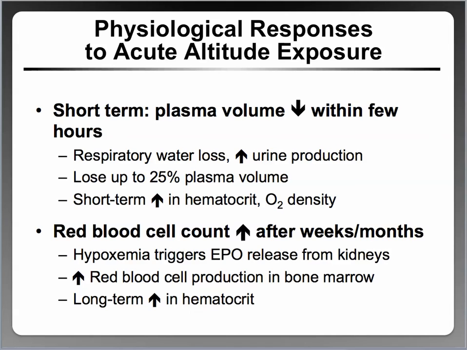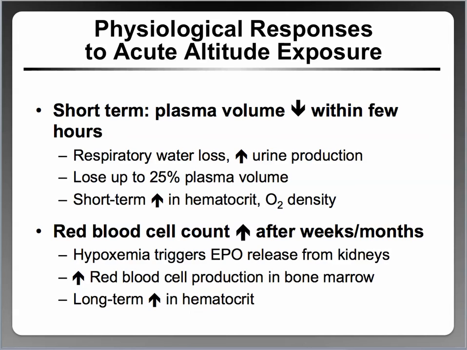As you increase the altitude, there's less water vapor, it's drier, so you lose a lot more that way. You also increase urine production, which decreases the liquid portion that you've got available to you. You can see there you lose up to 25% of plasma volume, or that liquid portion of the blood.